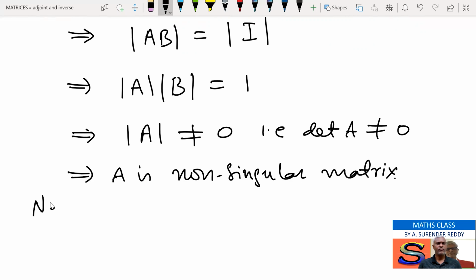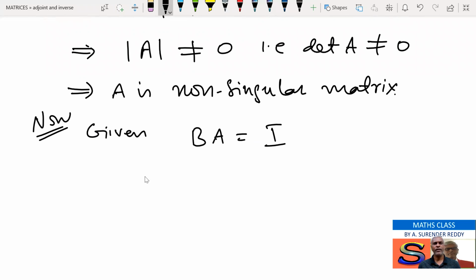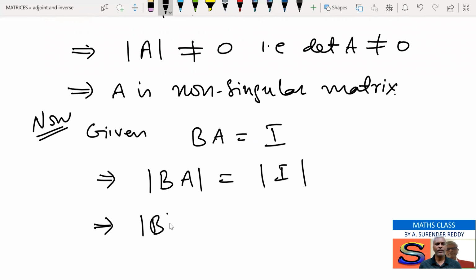Now we can prove B is also non-singular. Given another condition, BA is also equal to the identity matrix. Taking the determinant both sides, determinant of BA is equal to determinant of I. So determinant of B into determinant of A is equal to 1.